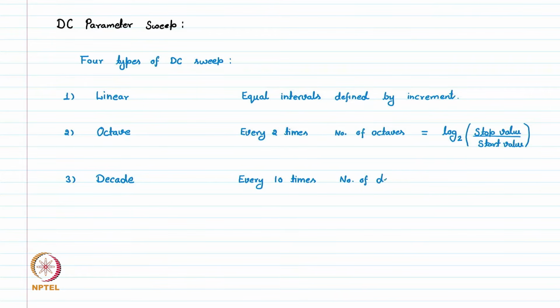So the number of decades is given by a similar formula, but now the log is at the base 10 instead of 2. So log at the base 10 of the stop value divided by the start value.